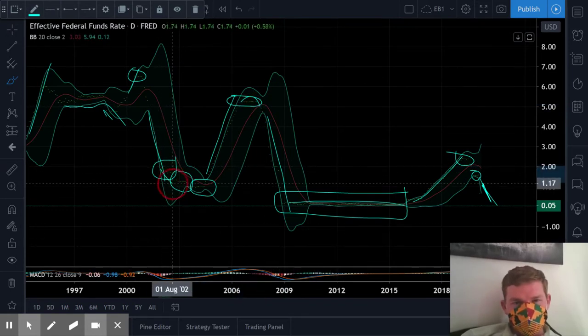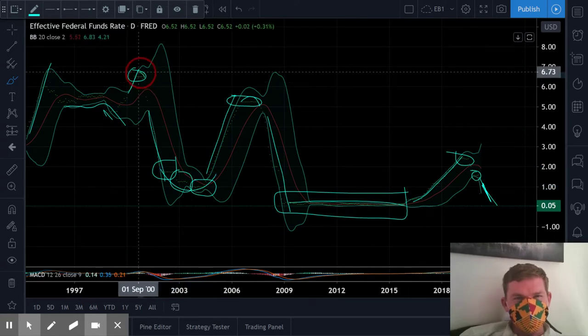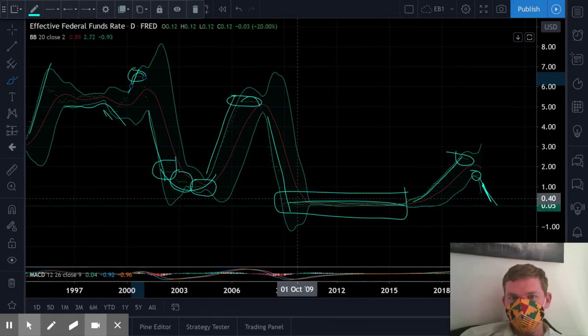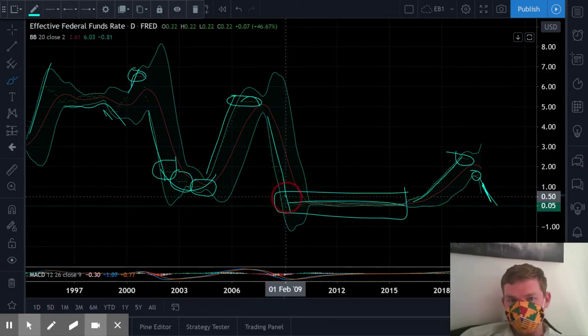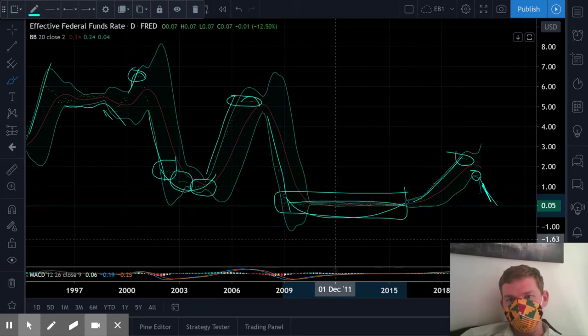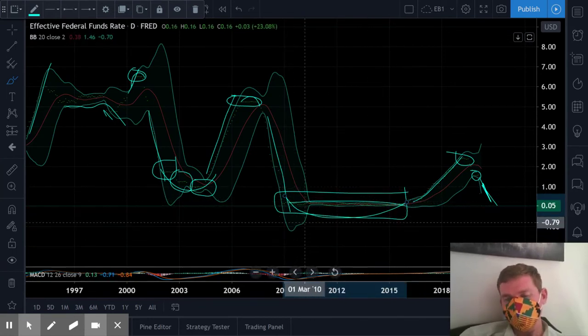Instead of this bottom being rounded, there's little stair steps. Instead of this top being rounded, it's flat. That is all the Fed intervention does. And this one is a monster because this one would have been a rounded bottom like this. That would have gone negative, and they did a super long Fed intervention to stop it from going negative.